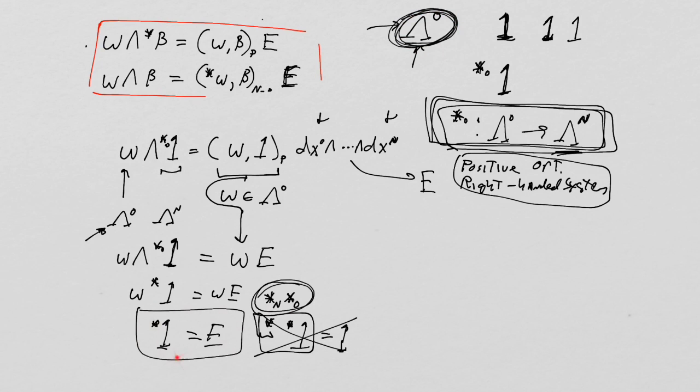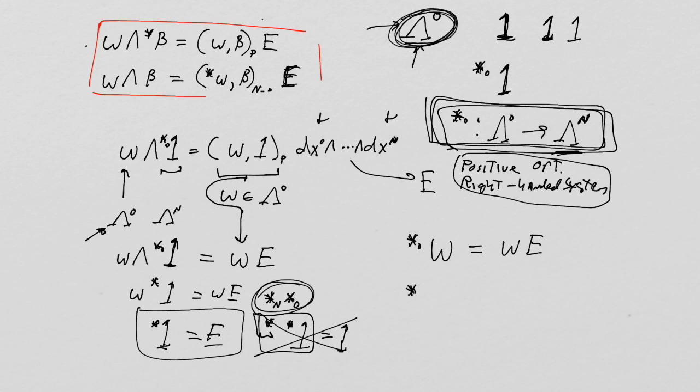The Hodge dual of the basis vector for the 0th exterior power is E, which right away tells us, because of linearity, the 0th Hodge dual of any omega is going to equal omega E. And that's because it goes like this.